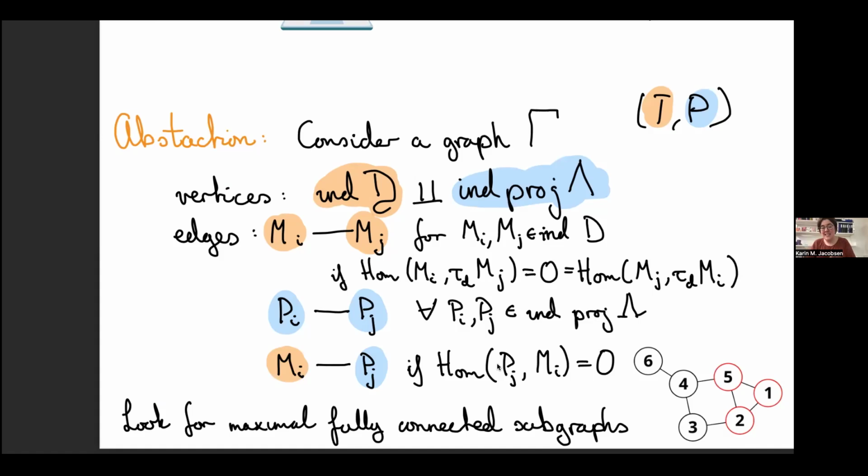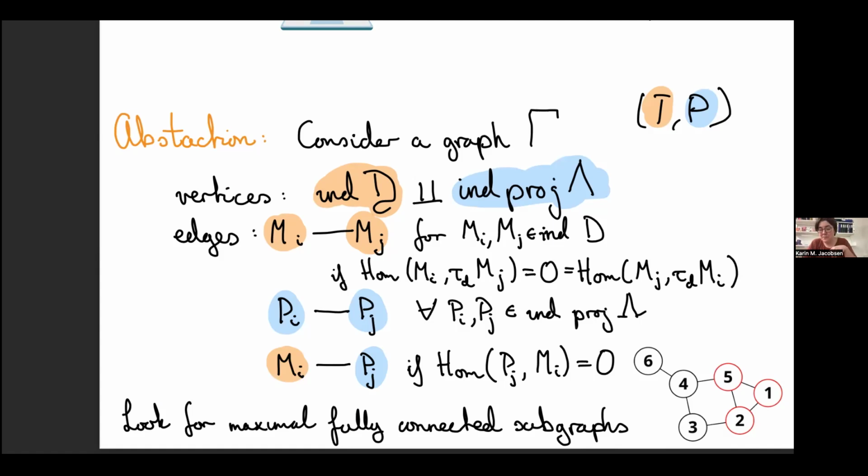Here's an example of a maximal fully connected subgraph that is not from a graph that I consider, but still, it's a nice little example that I saw from Wikipedia. You see every vertex has an edge to all other vertices. That's what I mean by fully connected.